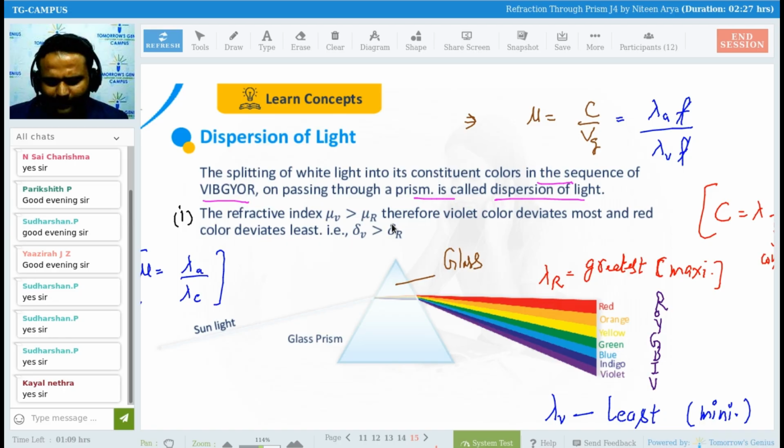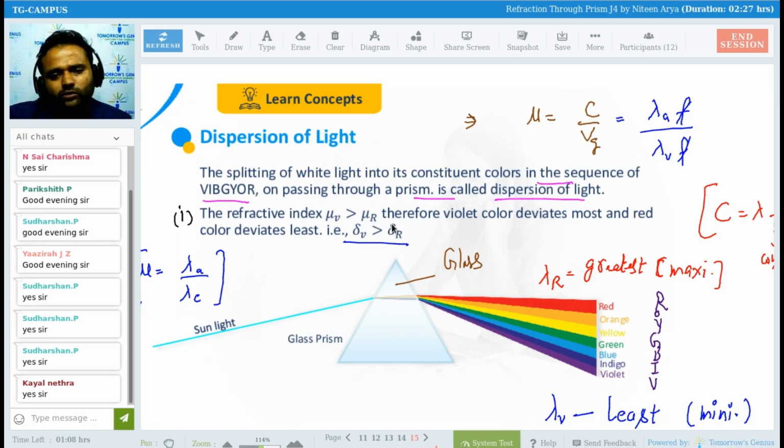So obviously, if the violet color deviates more and the red color deviates less, the deviation angle for violet color is going to be more, as a general property. We can see it with white light; assume a white sunlight.